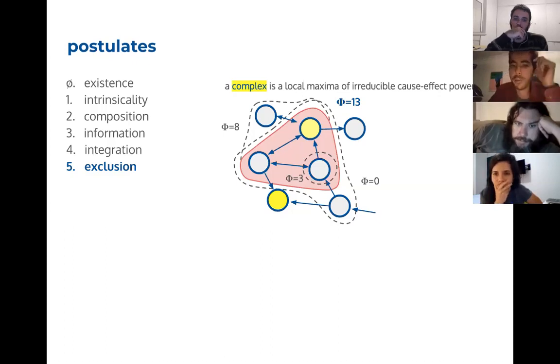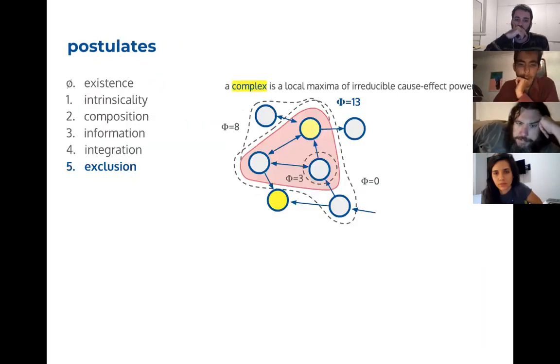You could have a different overlapping system, which has its own maximally irreducible mechanisms. But there's a slightly bigger complex system in which you have higher amounts of phi, and this means that it would exclude the subset, and that should hold also for the subsets.